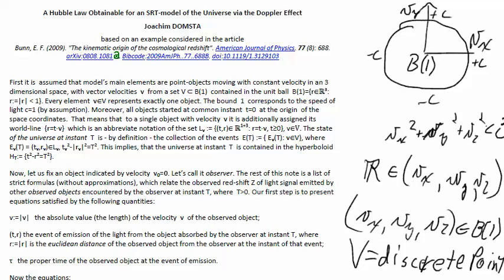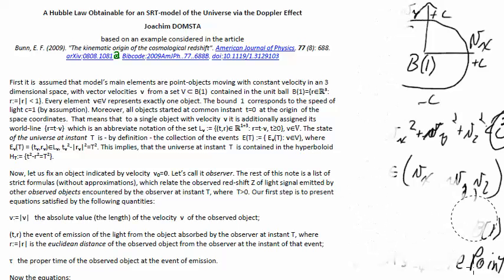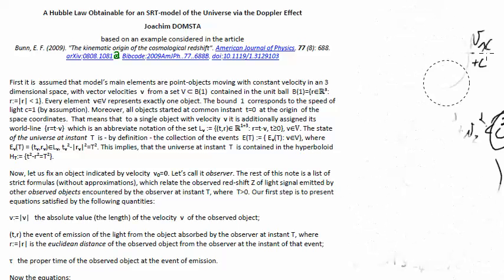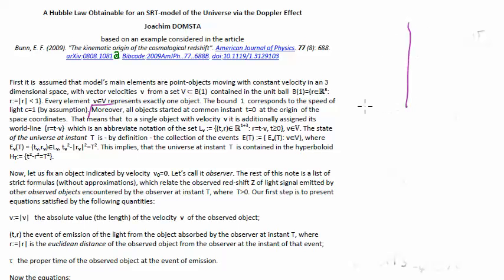So let's go on. The bound 1 corresponds to the speed of light, c. I'll erase so that I can continue. All objects started at a common instant t equals 0. Let's do a spacetime diagram real quick.